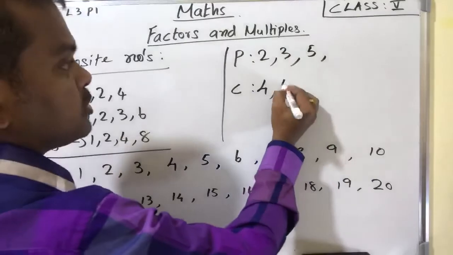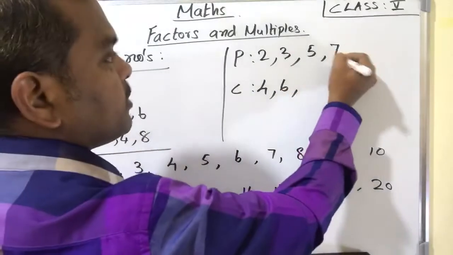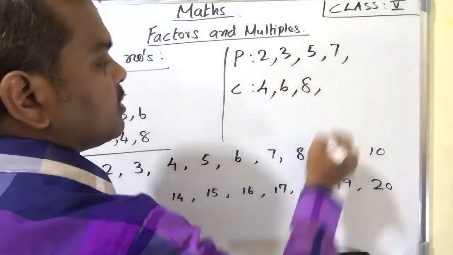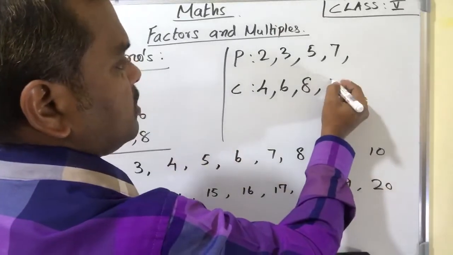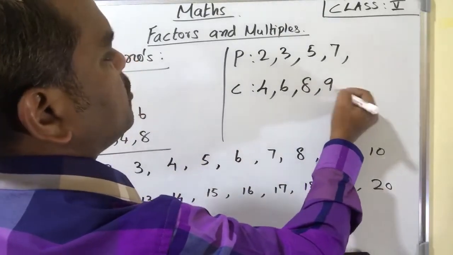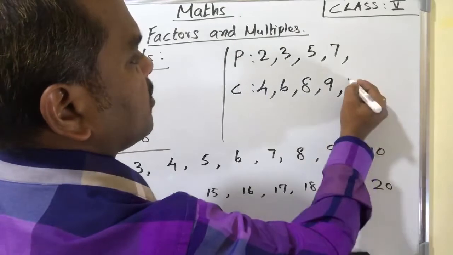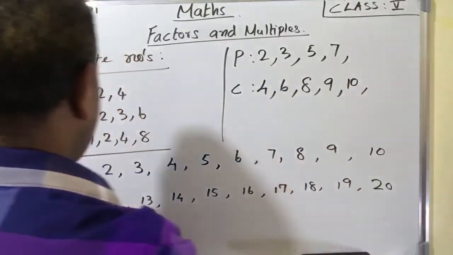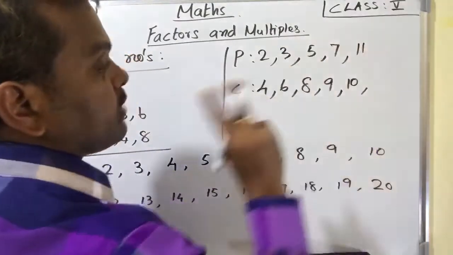Okay, 6 composite number. 7 prime number. 8 composite number. 9 also composite number. 10 composite number. 11 is a prime number because it has only 2 factors.